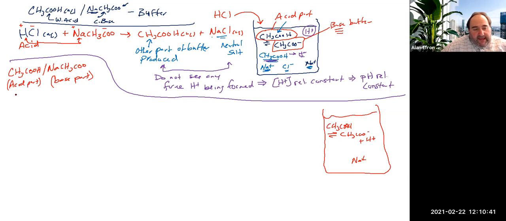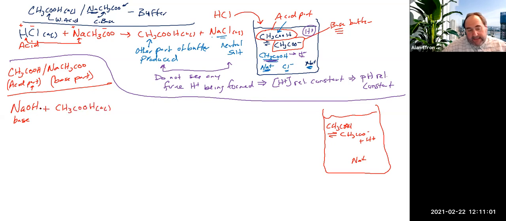If we then take our sodium hydroxide and add it, obviously sodium hydroxide is a base. So when it reacts with our buffer, it's going to react with the acid part, which is acetic acid. This is going to do a normal acid-base reaction, and we're going to make water and a salt, which in this case is sodium acetate.